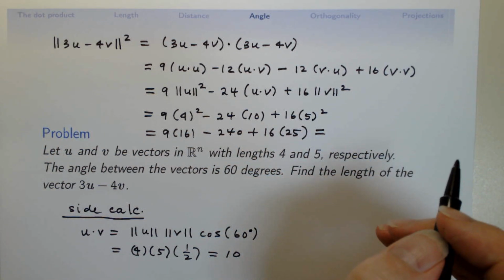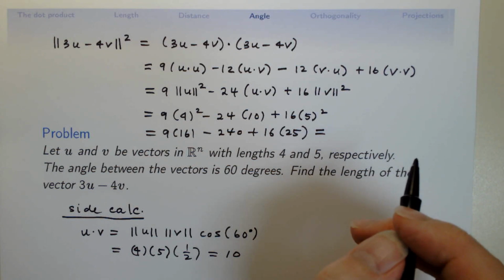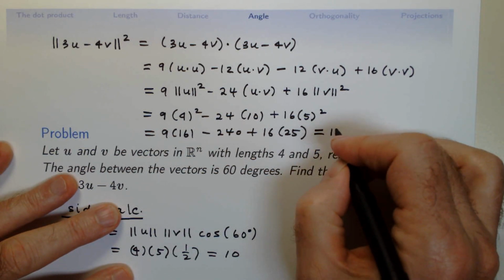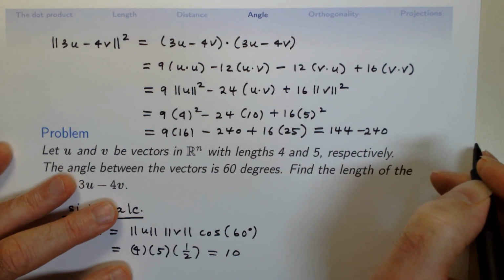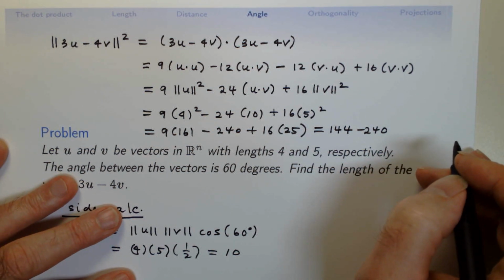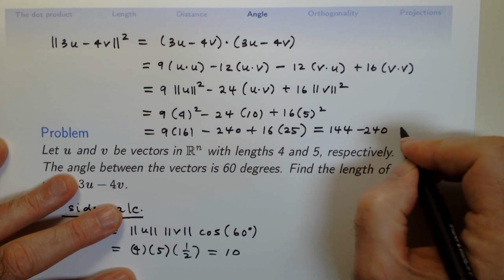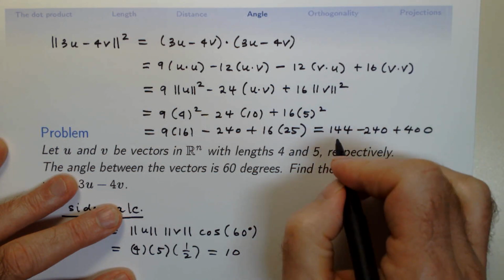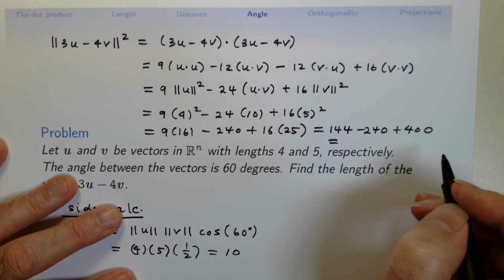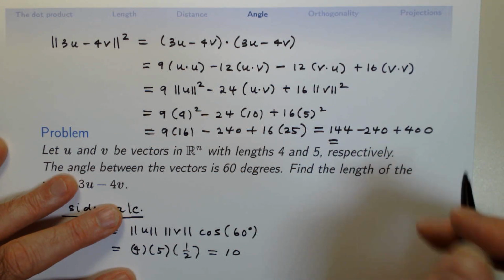Now, 9 times 16 is going to give us 144, minus 240. And 16 times 25 is going to be 400. And so when I finish this calculation, I'm going to get a grand total of 304.